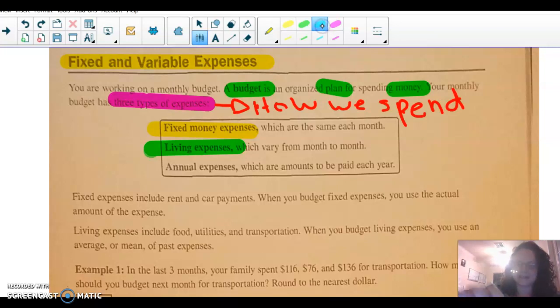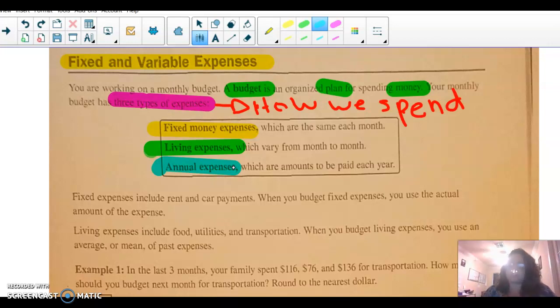And the last kind of expenses are annual expenses. These are the expenses that we have to pay each year. Let's say every year we have to spend $300 on our taxes, or $300 to buy new clothes for school, or $400 to get our car maintenance.